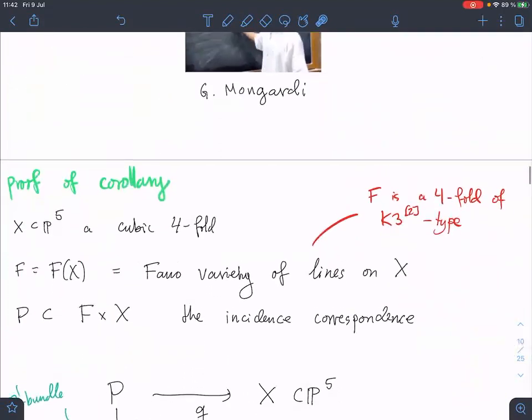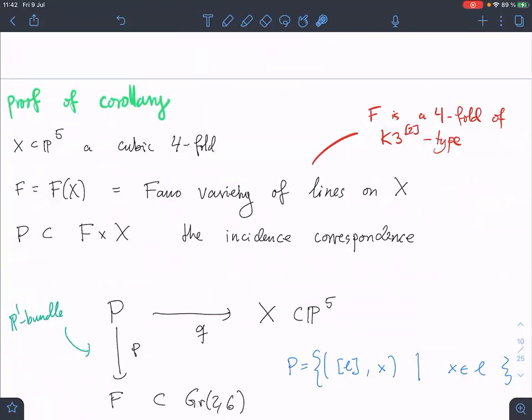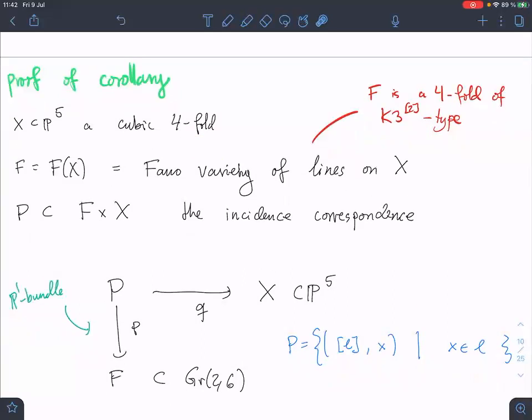This is not so hard, but it uses some nice classical algebraic geometry. So if we take a cubic fourfold, we can look at the variety of lines. And this is a classical fact that this variety is a fourfold of K3^[2] type.